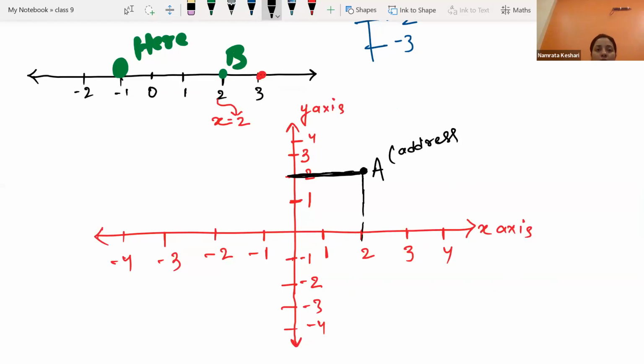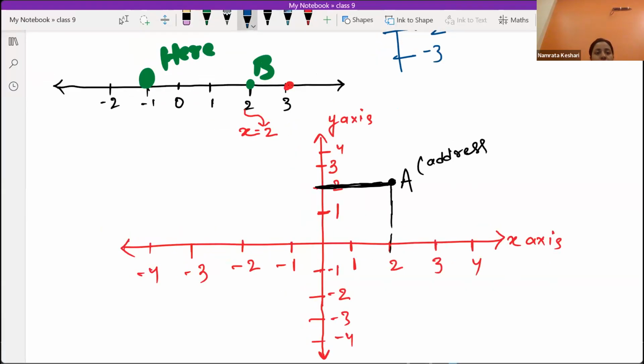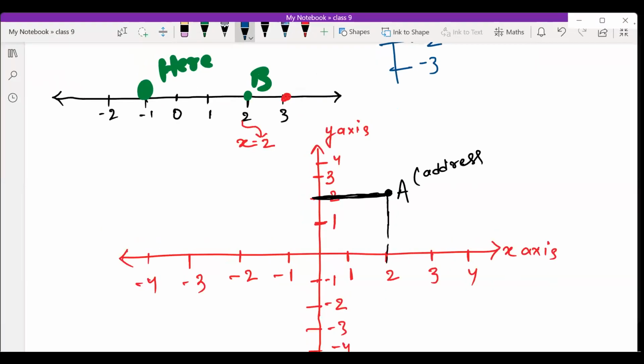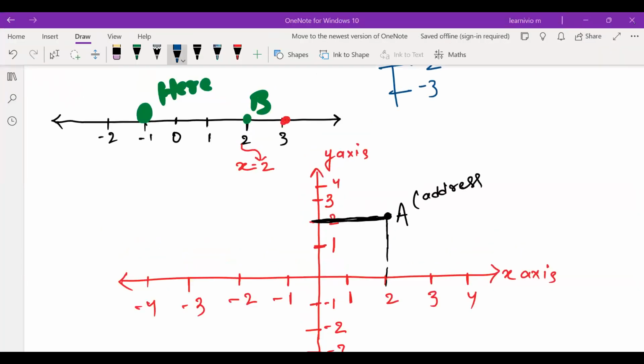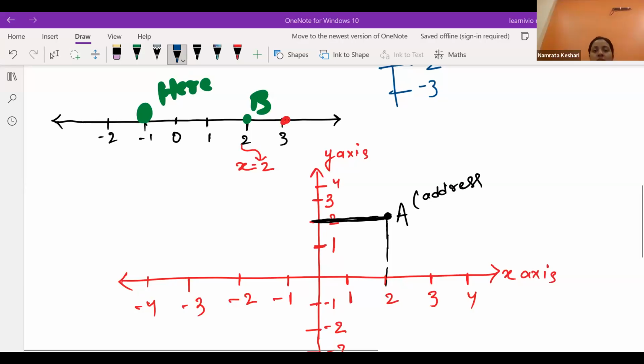Okay. Now, are you able to realize that this much distance is just 2, because this is 2.